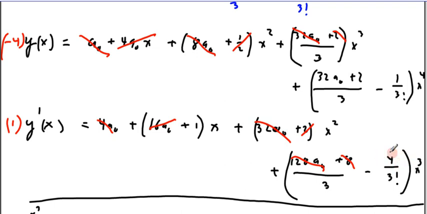Why is this 4 there? Why is that 4 there?